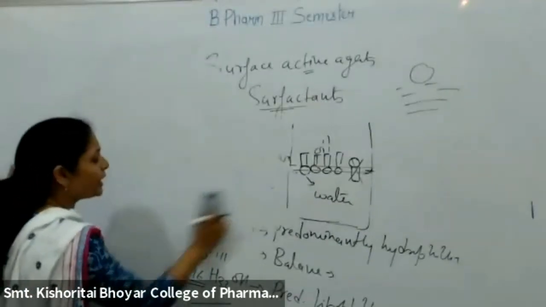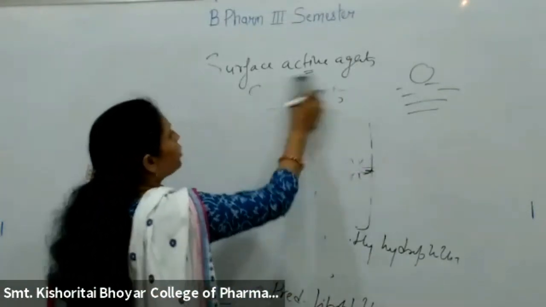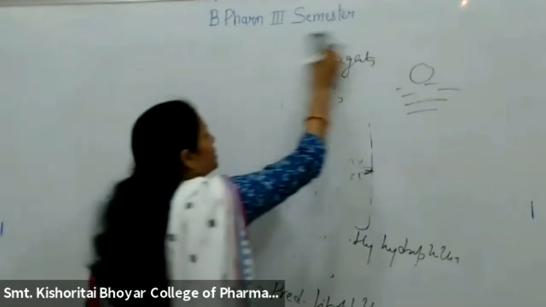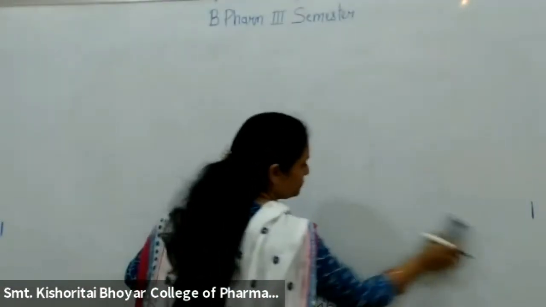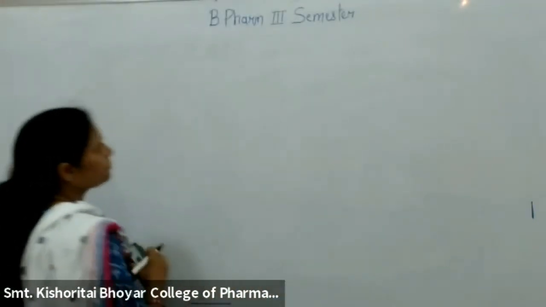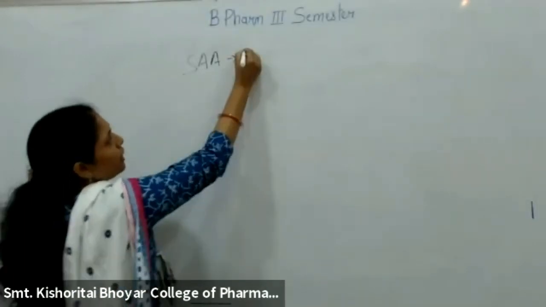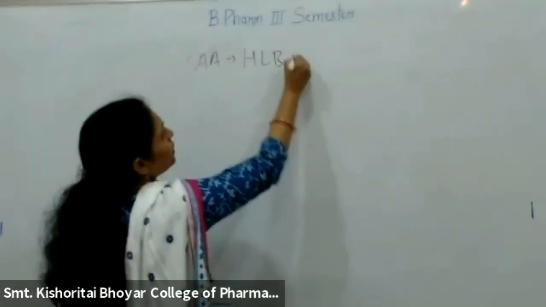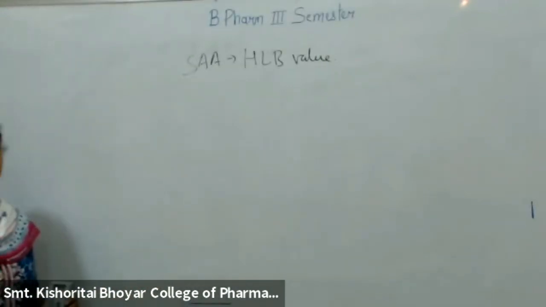Now, whether it is balanced or not, and because of having these hydrophilic and lipophilic groups, which type of function it can perform, depends upon the HLB value. Surface active agents have HLB value. It is called the hydrophilic lipophilic balance value.